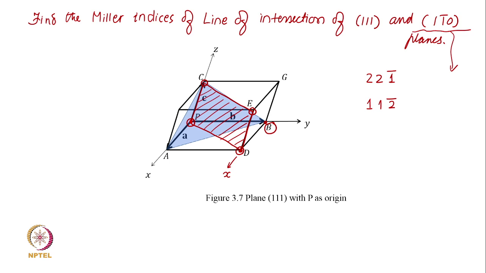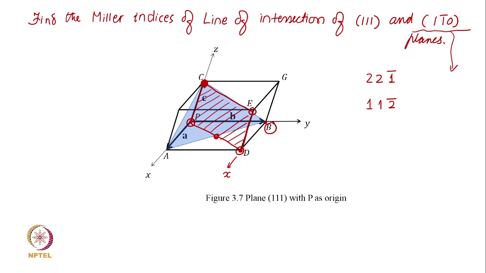Now, you have to find the line of intersection. So, you have to look for points which are common. Which are the points which are common? C point and the midpoint of the bottom face. So, C is on both the planes, so C should lie on the line of intersection, and the center of the bottom face is also on both the planes.